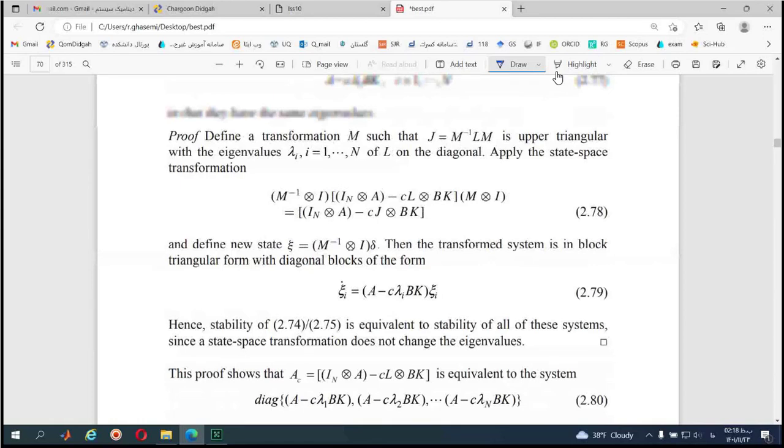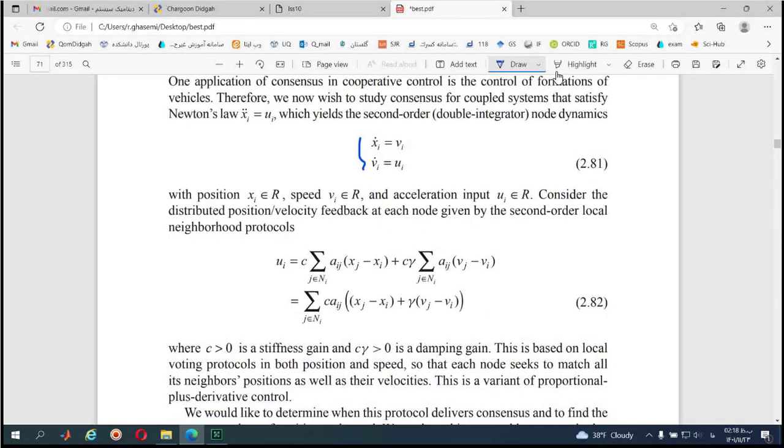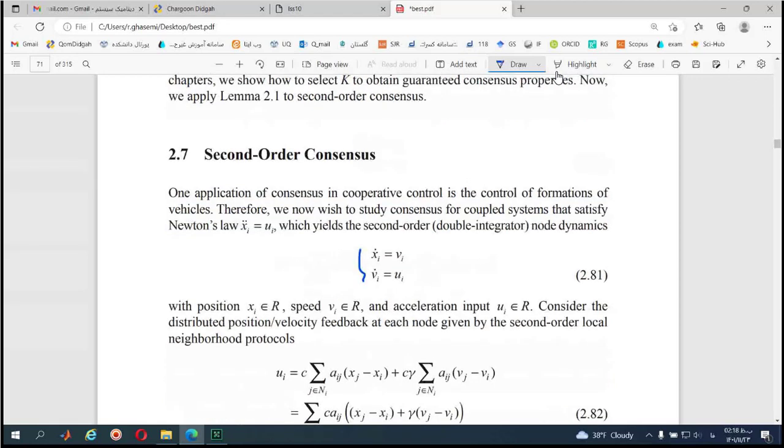Let me summarize, let me simplify the system. Consider the second order consensus: x dot equal to v, v dot equal to u.